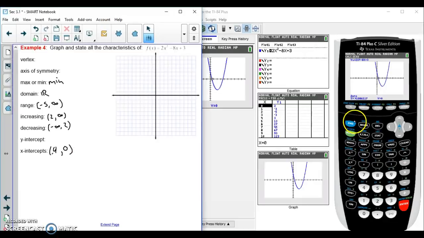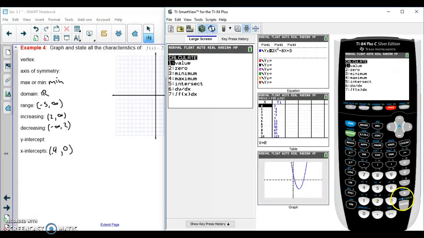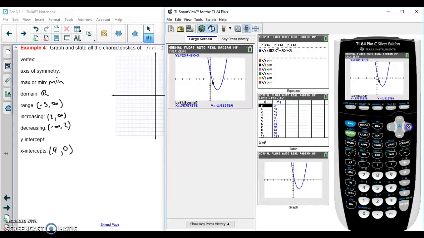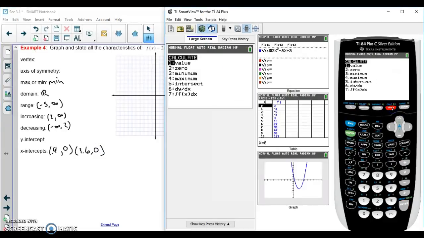Then I have another one on the other side, and I do second trace, find my zero, scroll all the way over till I get a left bound, enter, just a little bit above it, push enter again, and I find my other x-intercept, which is going to be at 3.6, comma, 0.